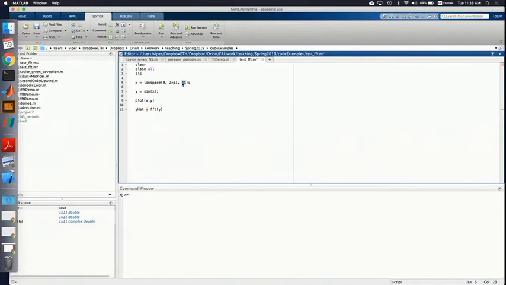So in this case, 5. I will tell you why 5. It will contain all the coefficients going from 0 to 5 and then minus 1 to minus 5.